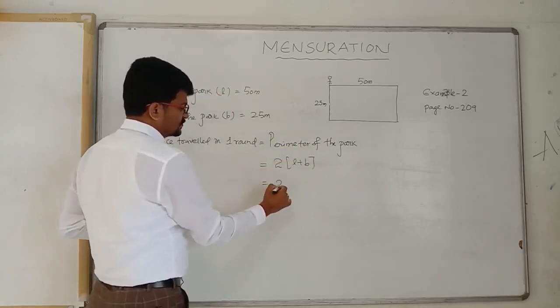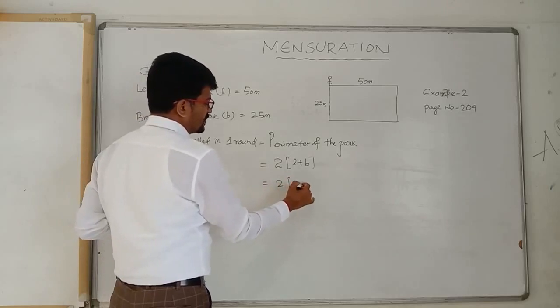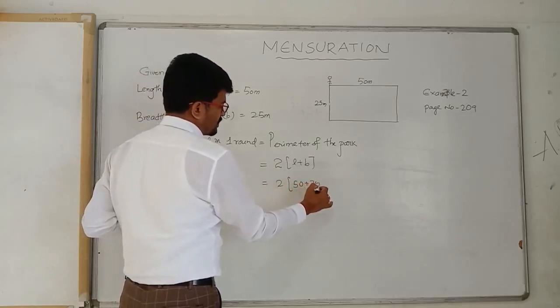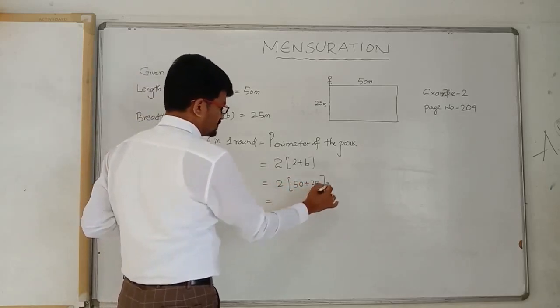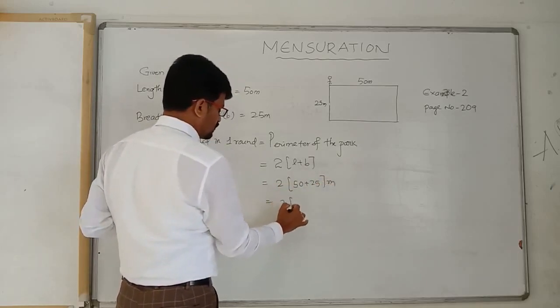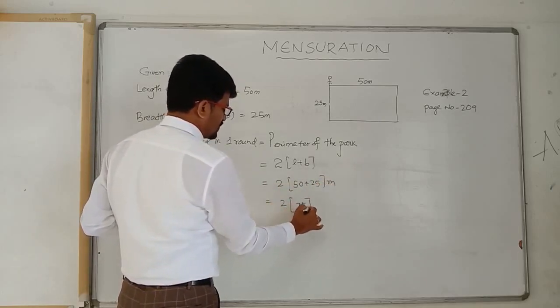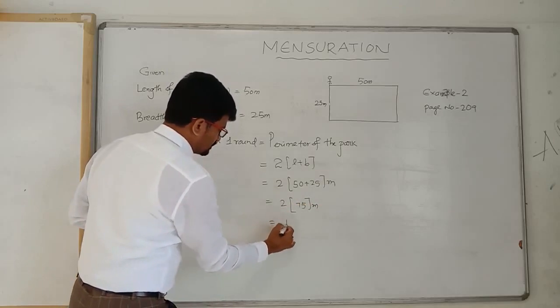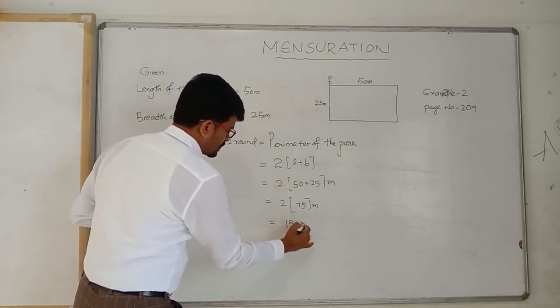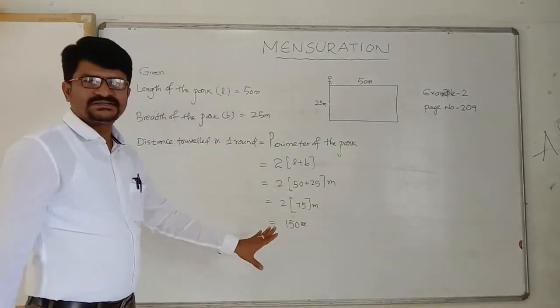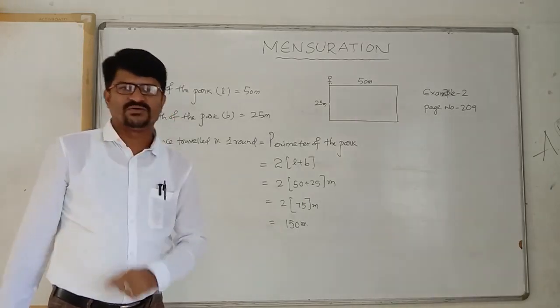That implies 2 into (50 plus 25), that implies 2 into 75 meters, that implies 150 meters distance he traveled in one round.